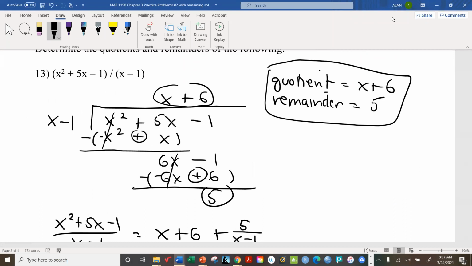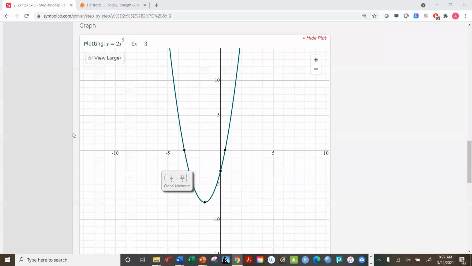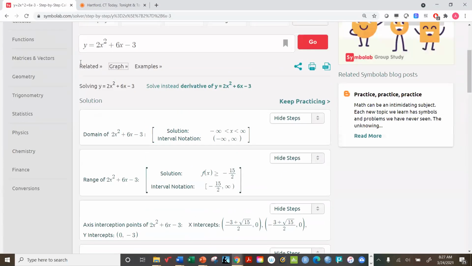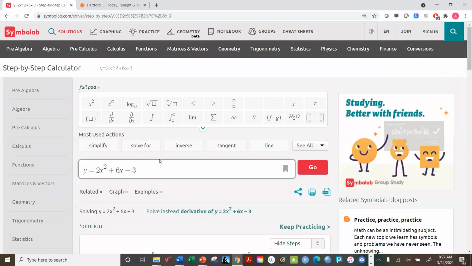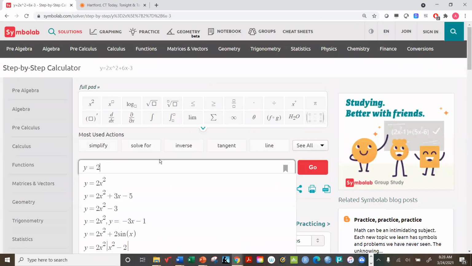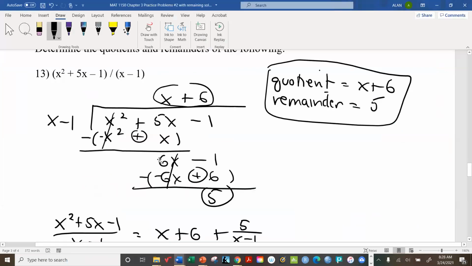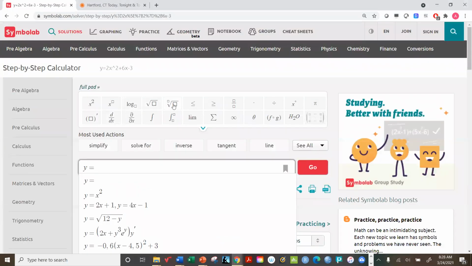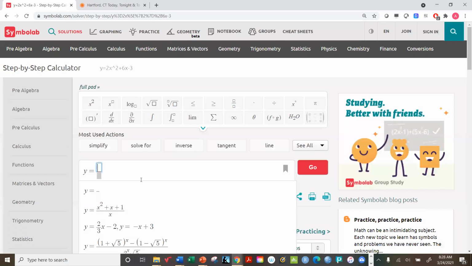Now, this is making me curious. I'm wondering if Symbolab can do this. Let's say I said to Symbolab, hey, I want you to do this for me. Okay, let's see what it can do.